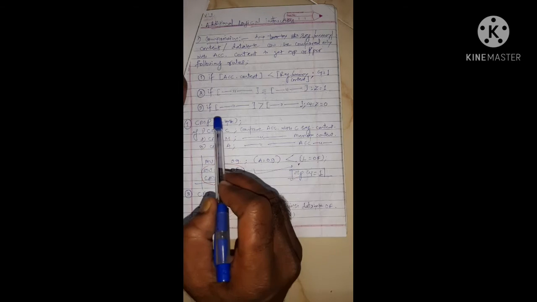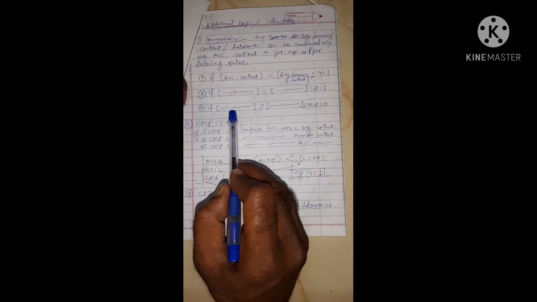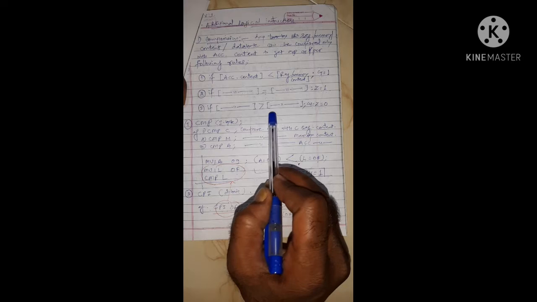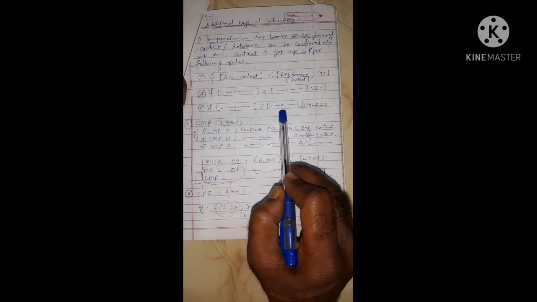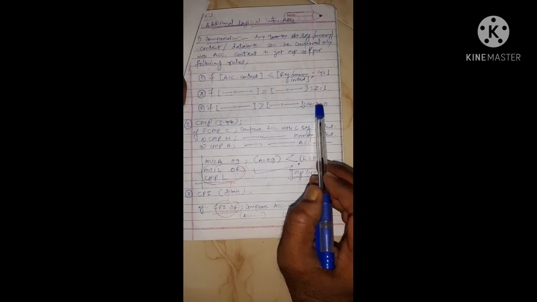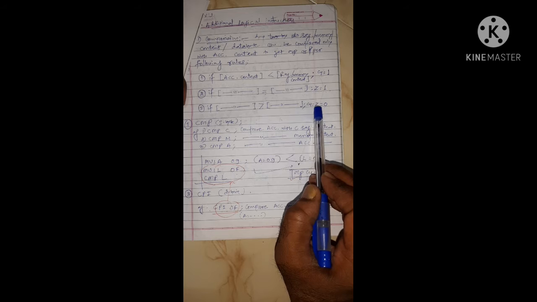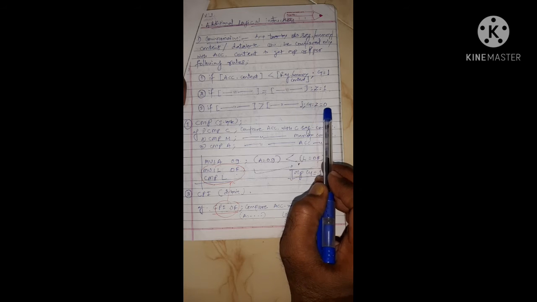And third rule, if accumulator content is greater than register or memory content, that time both flags CY, Z are reset. So these are the rules for comparison operation.